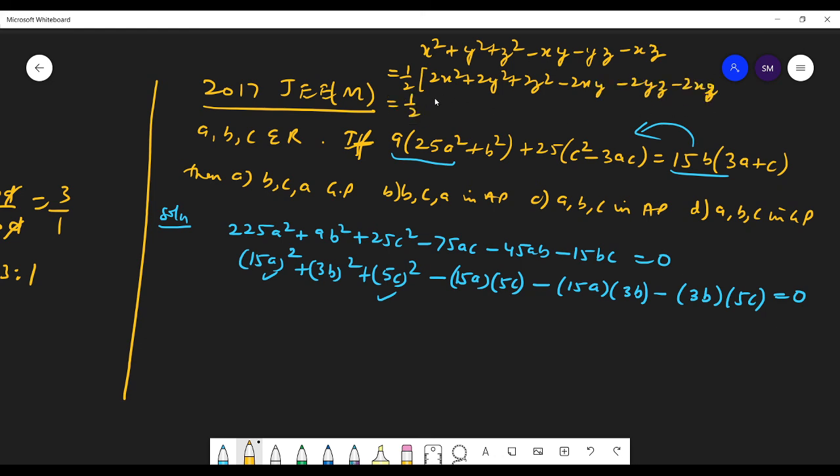You can see here half into this is x square 2 times.